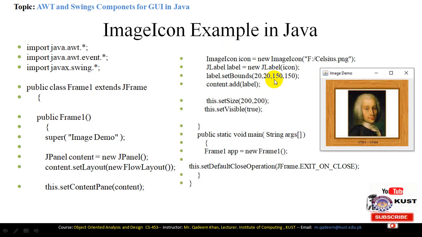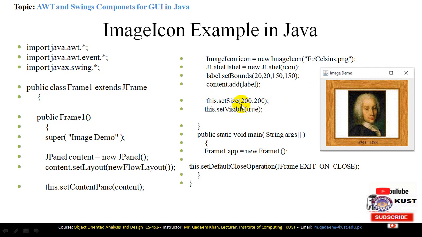So 20 comma 20 means the first point is 20 pixels from the x-axis and 20 pixels downward on the y-axis. And then the next point is 150 comma 150, which will be the final point. content.add(label): here the label is added into the panel.